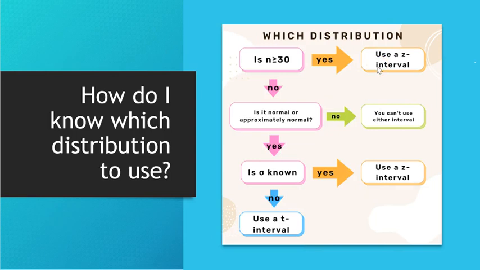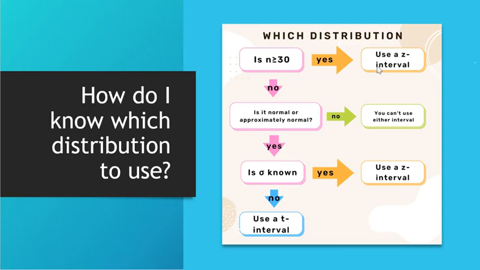This is important. Is it normal or approximately normal? The question will tell you if the data is normal or approximately normally distributed. If we don't have this information, we can't assume that it's yes, and we can't use either interval. We don't have enough data to come up with a confidence interval.